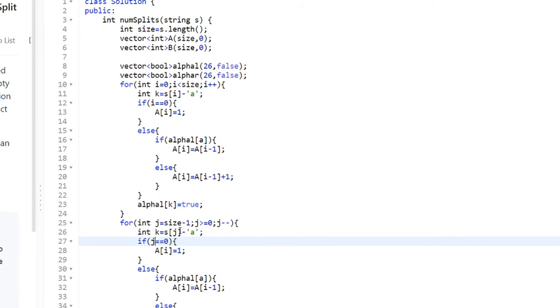If j is equal to size minus 1, instead it should be B. Alpha left should be alpha right. It should be k.